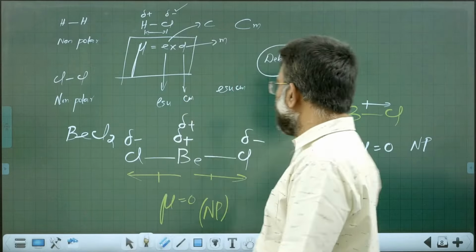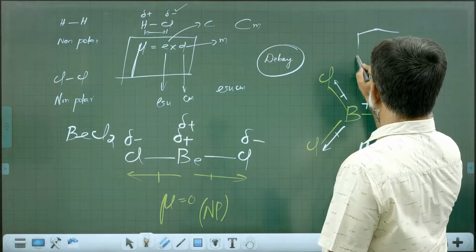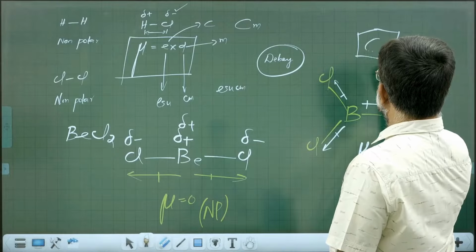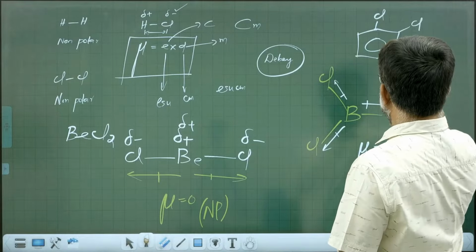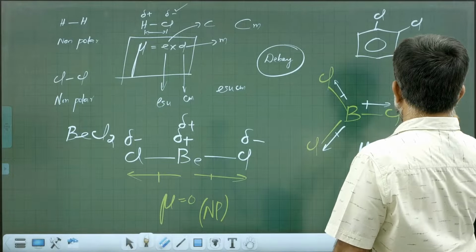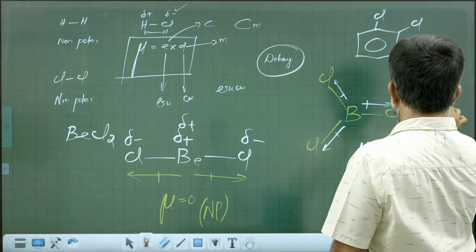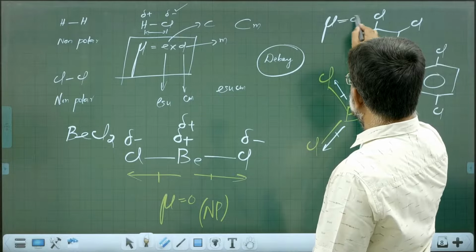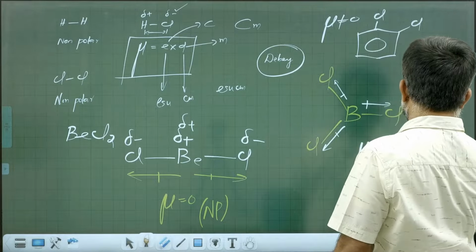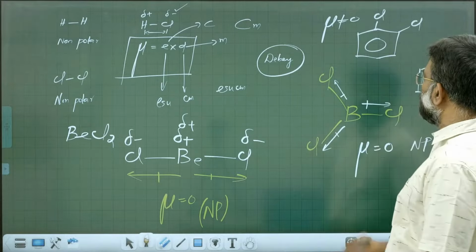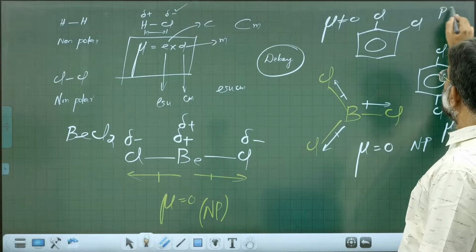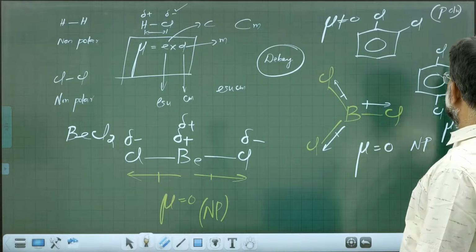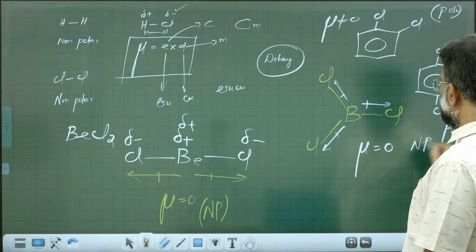If you take molecules, say for example, benzene with one chlorine here and one chlorine here, and benzene with one chlorine here and one chlorine here, this one has a net dipole moment, while this one has no net dipole moment. This is polar, while this is non-polar. How is that possible?